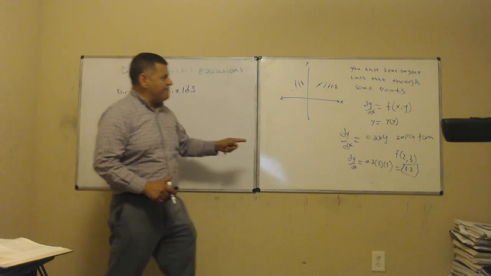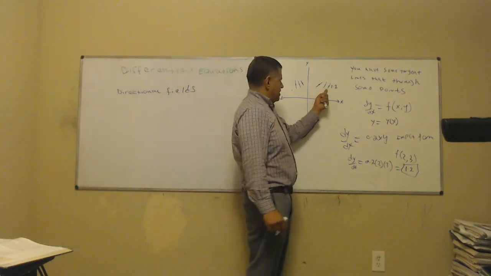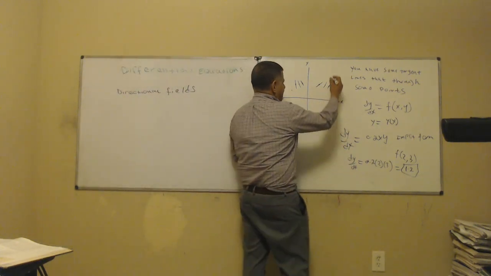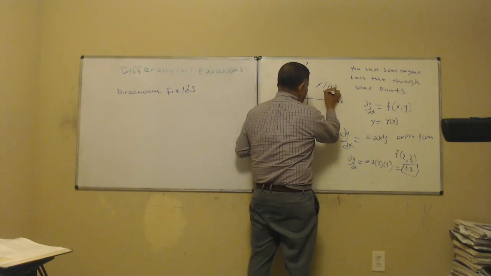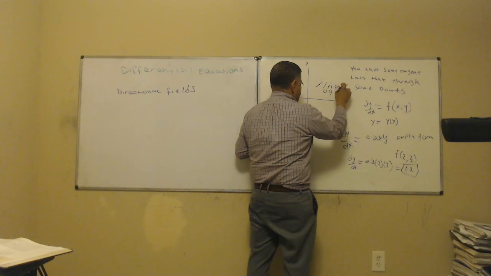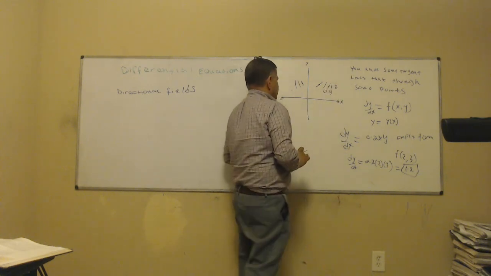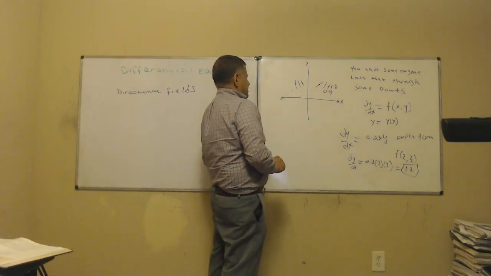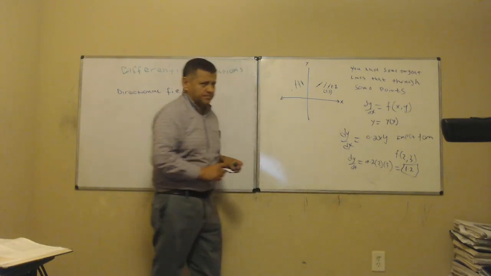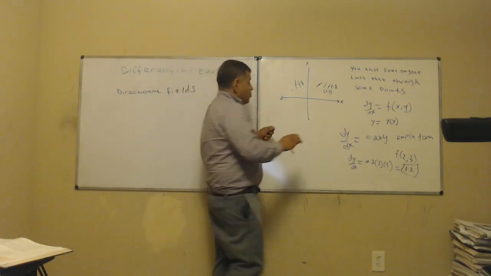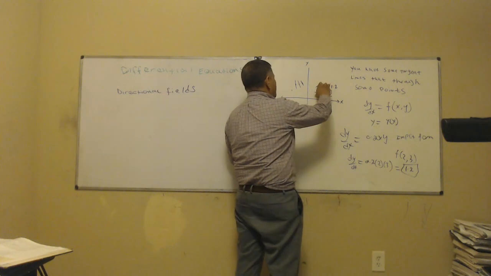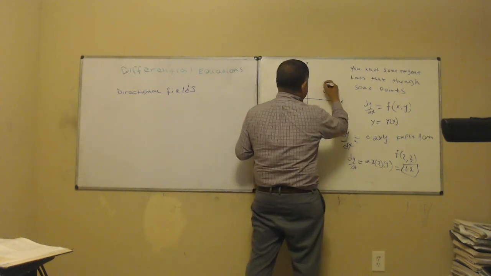We have a value given to this, and the value at this was 2 comma 3, and that is the slope. Now, if you look at this, it's kind of hard to do because it's not easy.